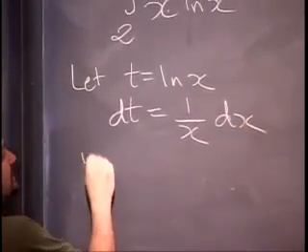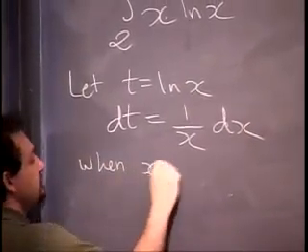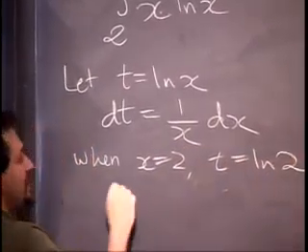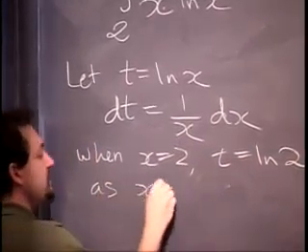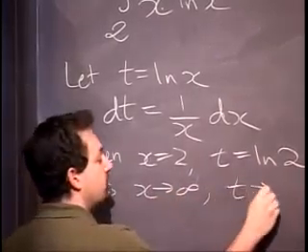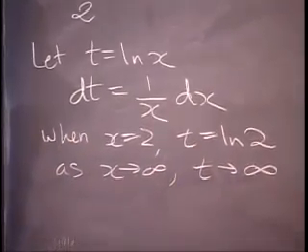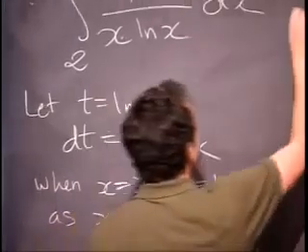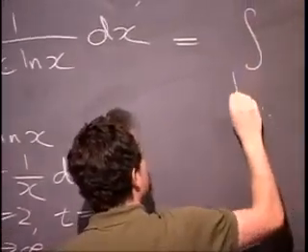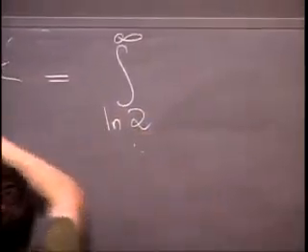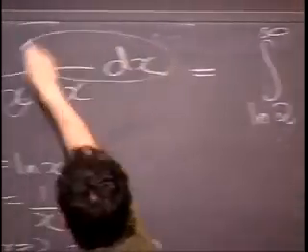Also, when x equals 2, t equals log of 2. And as x goes to infinity, log x also goes to infinity, more formally. And so this integral in t-land becomes the integral from log 2 to infinity. 1 over x dx is dt.